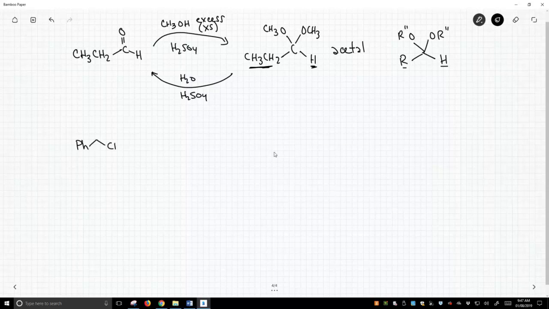So let's say we have a methyl and a phenyl on the side of our ketone, and we react this with, let's be wild and crazy and use a different alcohol, ethanol, and again, excess ethanol. We need an acid catalyst. We're going to lose water, and we get our same two groups on the central carbon that we started with, phenyl and methyl, and now we get this as our OR double prime group.